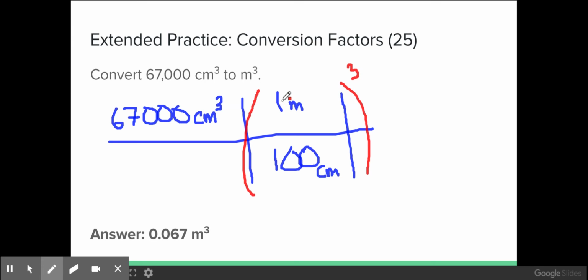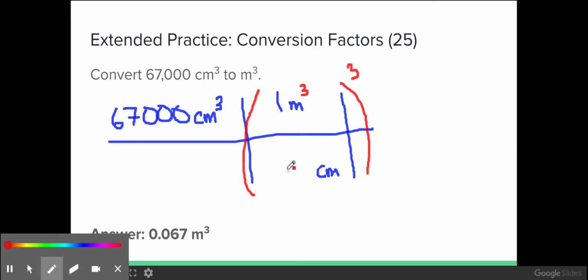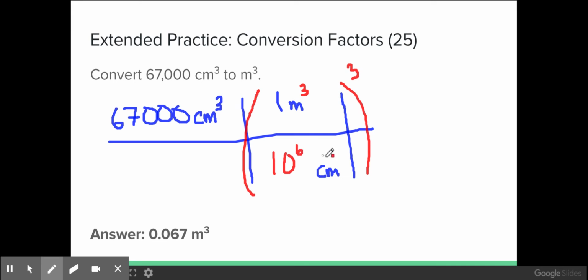I take 1 to the third power, it stays 1. I take meters to the third power, that is meters cubed. I take 100 to the third power, and that is 1 million, or 10 to the 6th. And my centimeters become cubed.